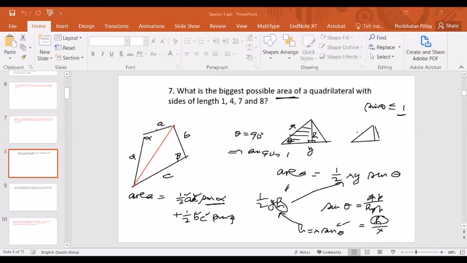So it means the largest possible area occurs when alpha is 90 degrees, in which case sine alpha is equal to 1.